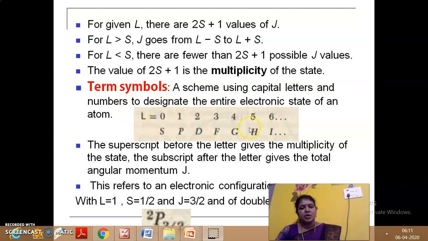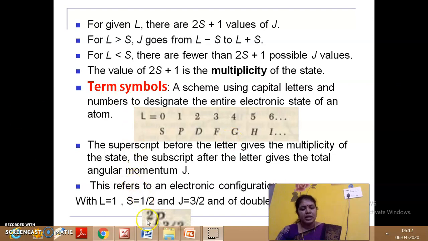Here the electronic state is given by the numbers 0, 1, 2, 3, 4, 5, 6 corresponding to different orbits named by the letters S, P, D, F, G, H, I. So if L is equal to 0, then the electron is said to be in the S orbit. If L is equal to 1, the electron is in the P orbit. If L is equal to 2, the electron is in the D orbit, and so on.